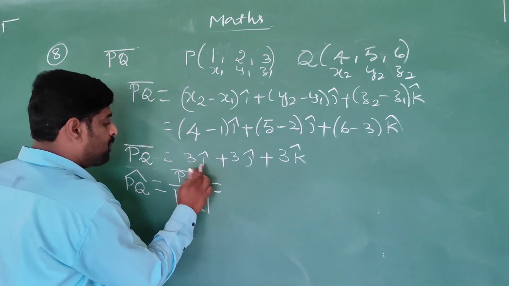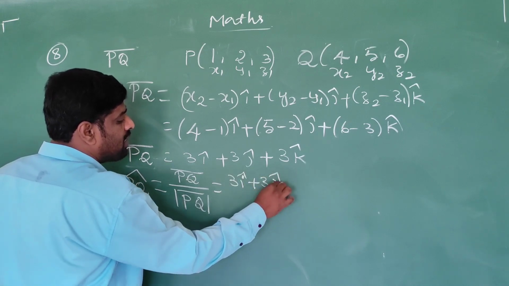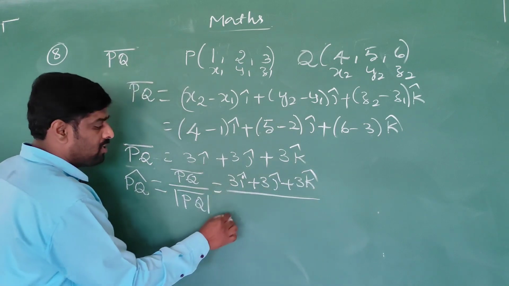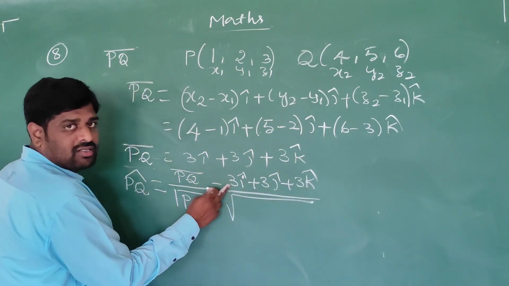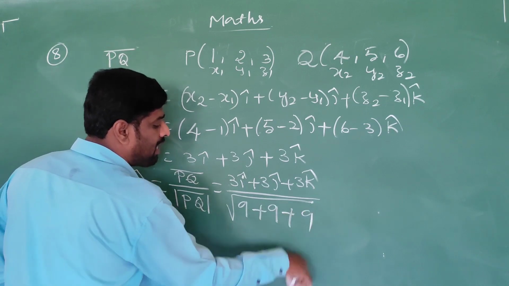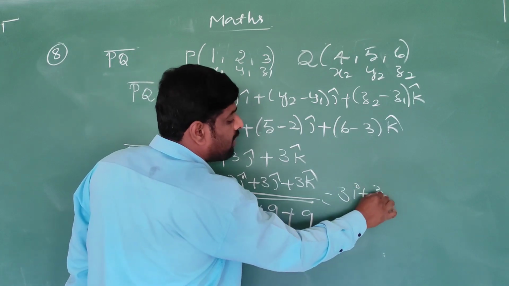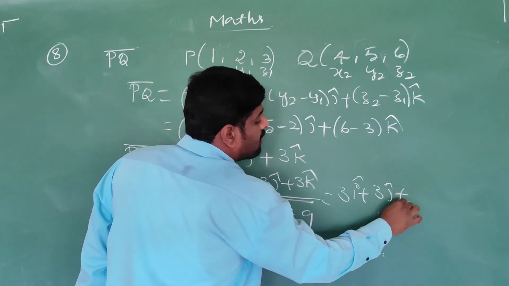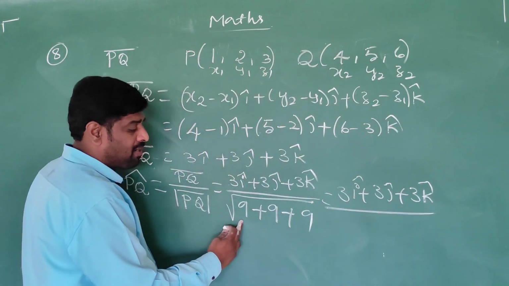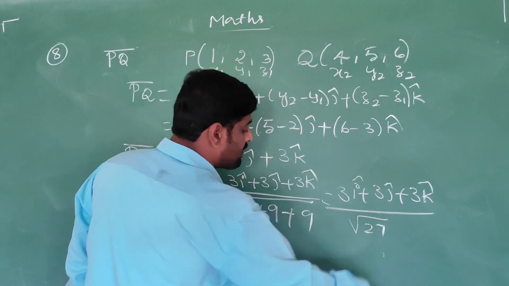So 3i cap plus 3j cap plus 3k cap divided by square root of 3 square means 9 plus 9 plus 9. 9 plus 9 is 18, 18 plus 9 is root 27.